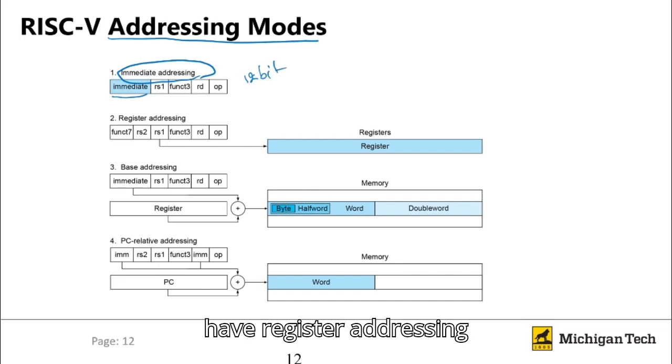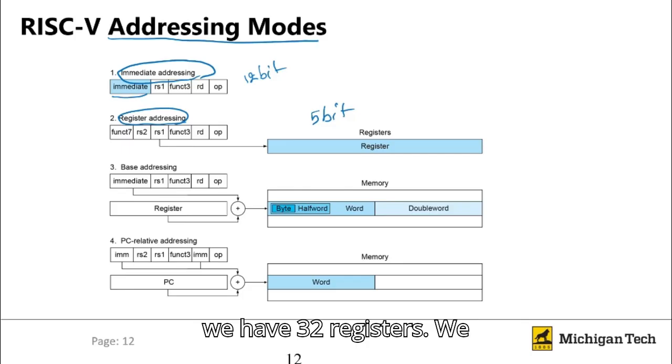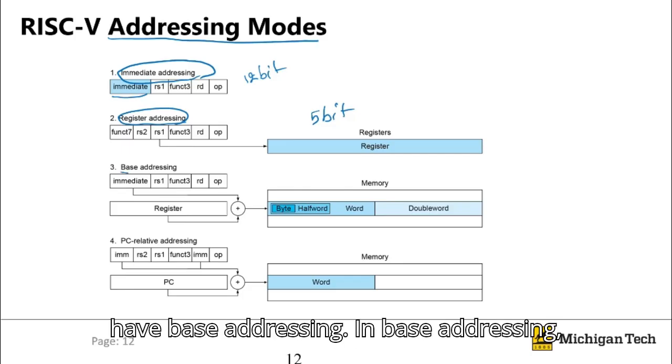We have register addressing, that we just have registers. Those registers are 5 bits because we have 32 registers. We have base addressing.